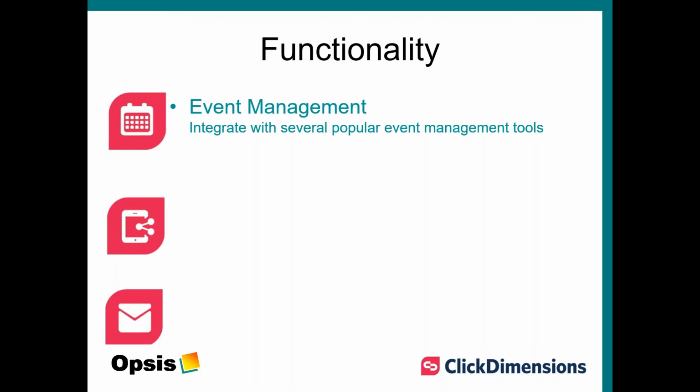But there are several other event management products that work very nicely with ClickDimensions. And when we're doing this, we can do all of the things that you've done in the run up to this webinar. So you can register, and then once registered for an event, there's a whole heap of other marketing that can be done.